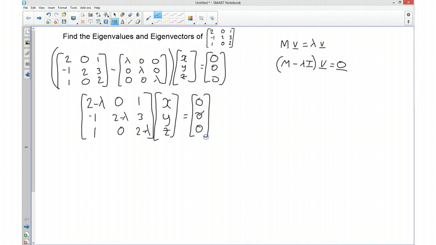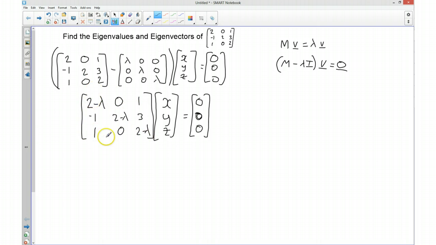Right, so what we want to happen is we want the determinant of this to be 0, because we need this to be singular, because we don't want there to be an inverse matrix that exists for this.